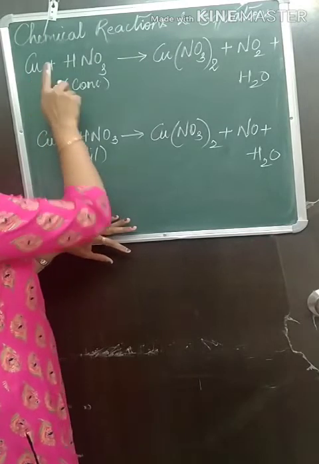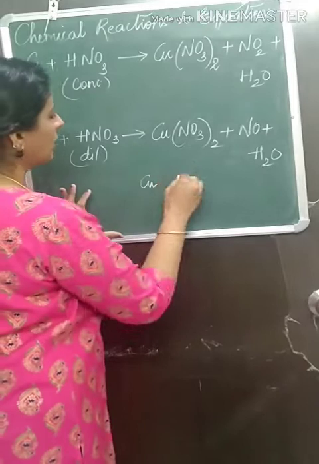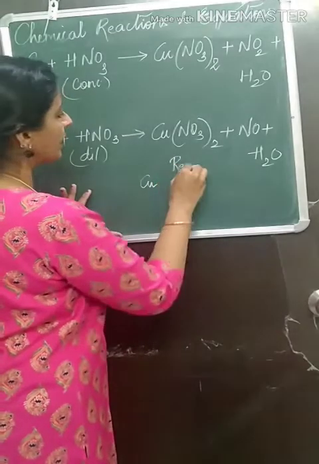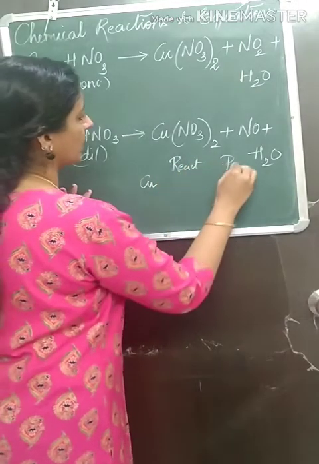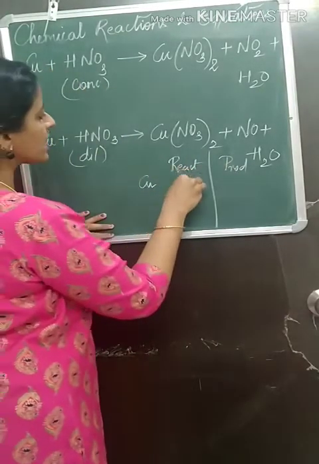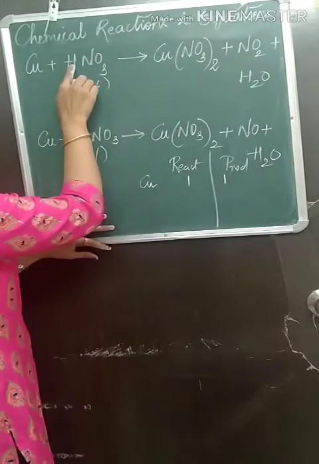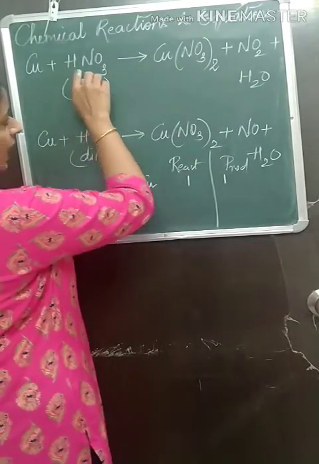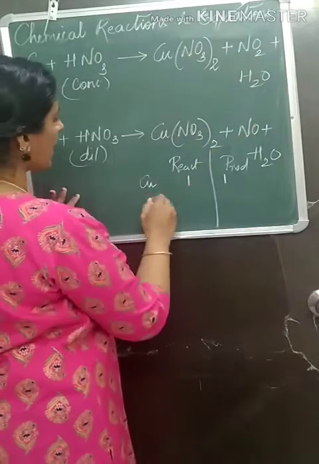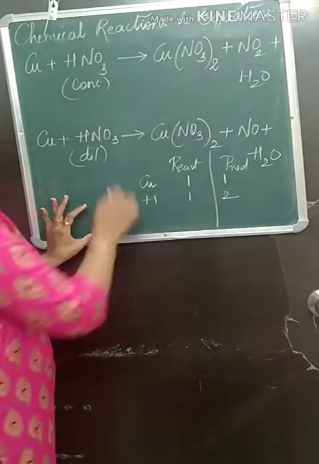Copper. Copper here only one atom. On the product side, copper. This is for the reactant side and this is for the product side. Okay. Copper, we have reactant side 1, product side also 1. Next, hydrogen. We have 1 on the reactant side and on the product side we have 2 hydrogen.